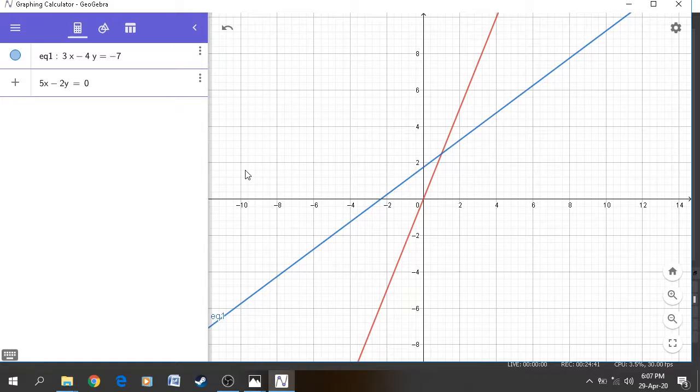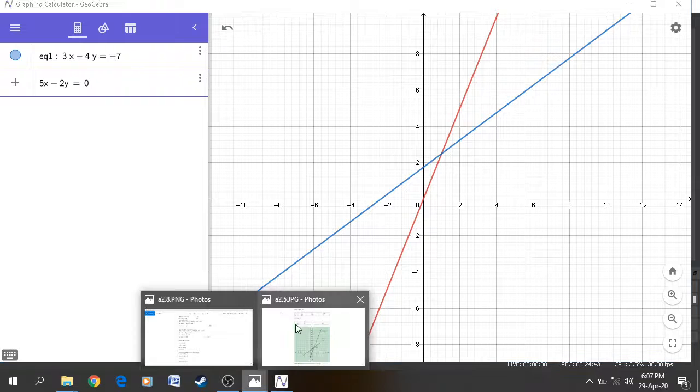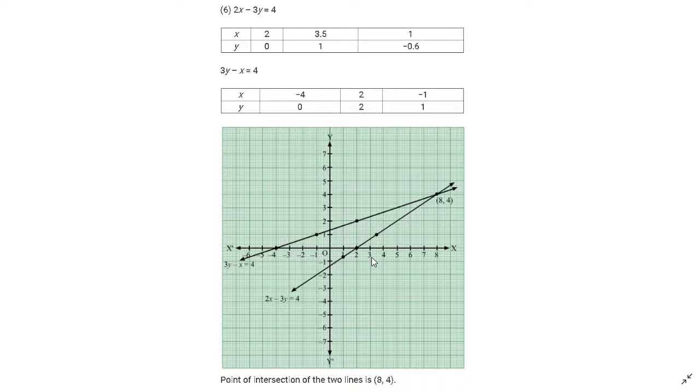Similarly, example number 6. 2x minus 3y is equal to 4. 3y minus x is equal to 4. Draw them by putting simple values. Put y is equal to 0 and calculate x. Put y is equal to 1 and calculate x, with 3.5 and minus 0.6.